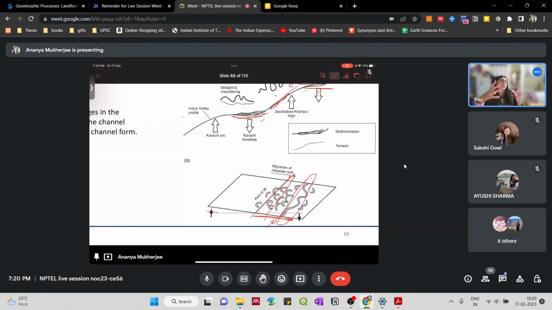So if you are in an area, you can see a lot of such oxbow lakes, or you can find depositions following this kind of pattern.